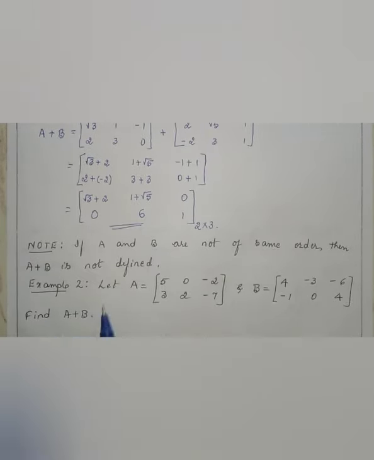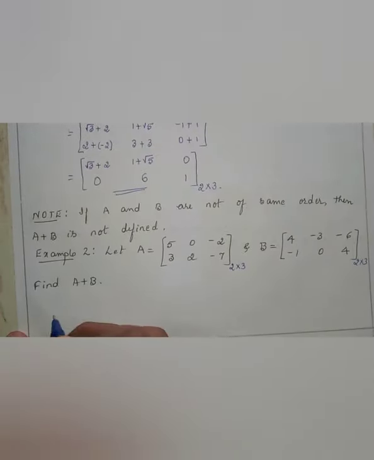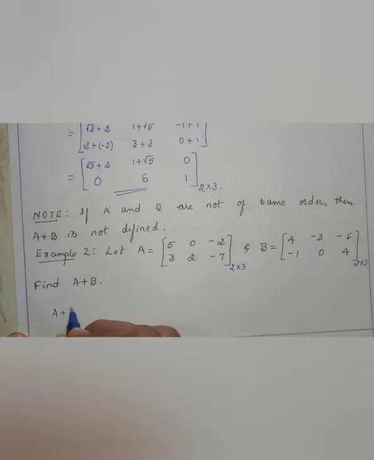Next example. Let A be again a 2 by 3 matrix, and B is one more 2 by 3 matrix. Find A plus B. I'll directly find the value here.